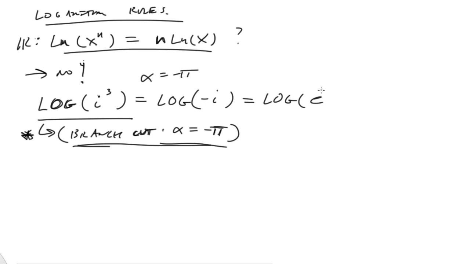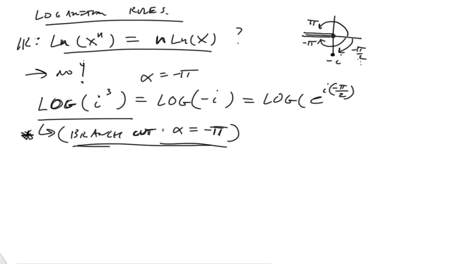So in this case, we're going to have e to the I, and I'm going to say now that's going to be negative pi over 2, because negative I is down there, and that's going to be negative pi over 2 to get there. Remember, this is where my branch cut is, so I can go that way all the way to pi, and I can go this way up to negative pi.